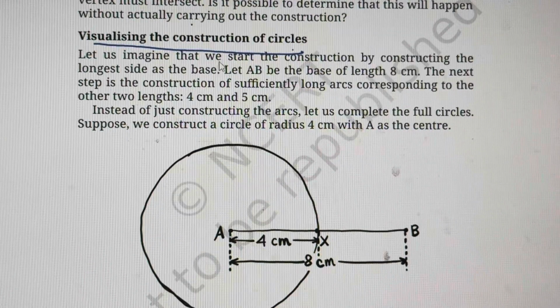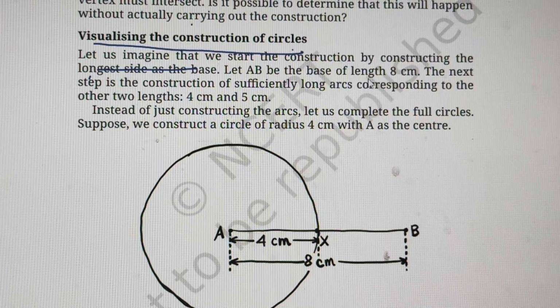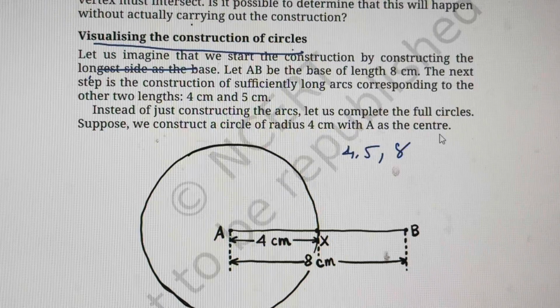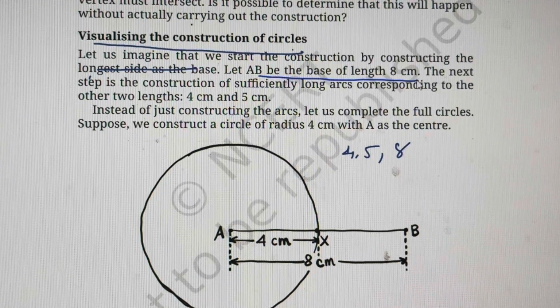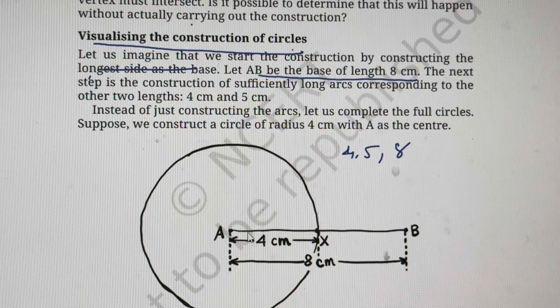So let us imagine that we start the construction by constructing the longest side. Here, these three sides are 4, 5 and 8 centimeter. So we have taken the base as 8 centimeter. The baseline is 8 centimeter.